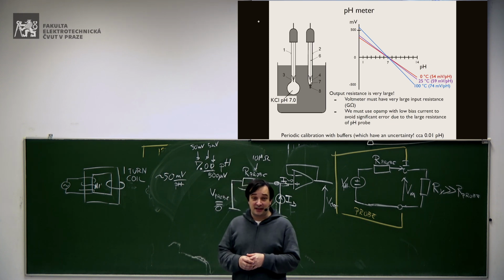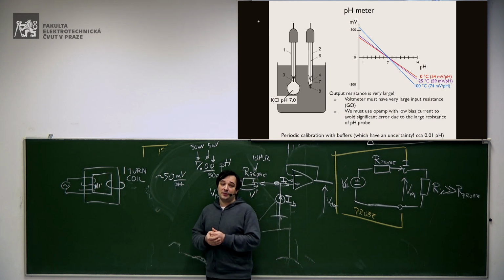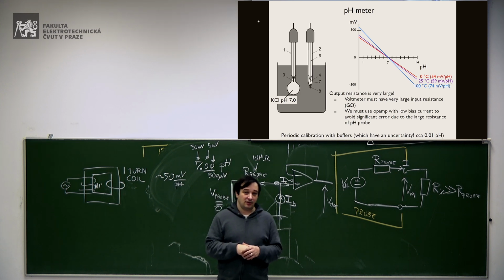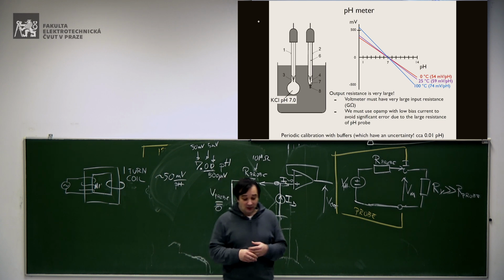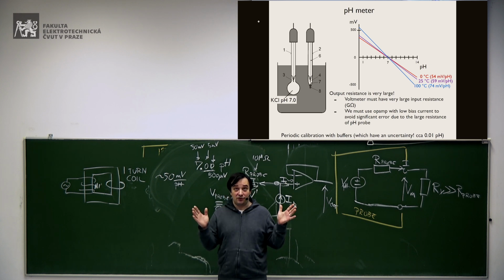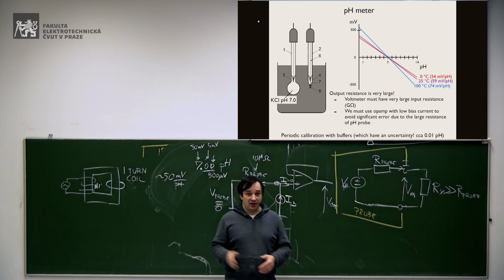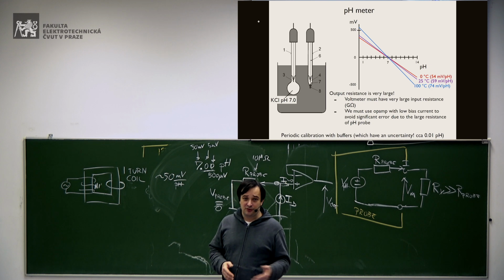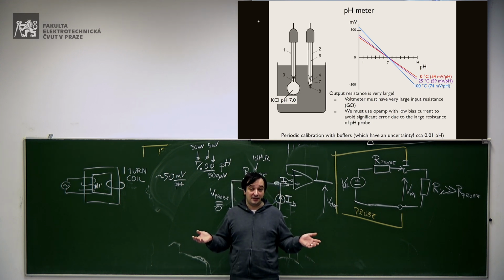But calibration is always necessary every once in a while. What you have to do is put the sensor inside a solution with a very well-known buffer, with very well-known pH. Typically you do it for 2 values, one larger and one lower than the value that you want to measure. For instance, if you want to measure pH around 7, you might use buffers at 8 and 6.